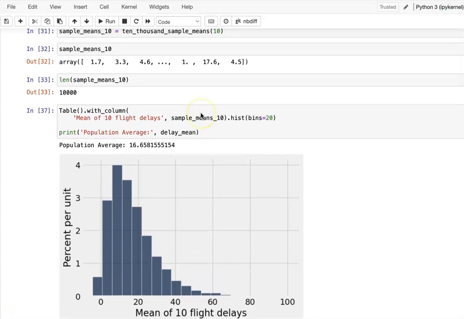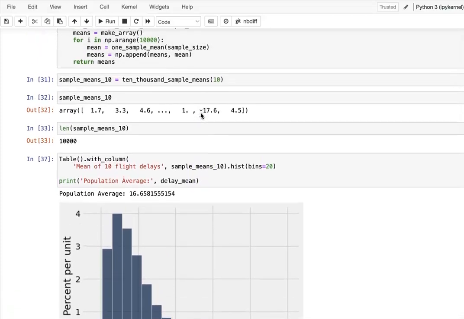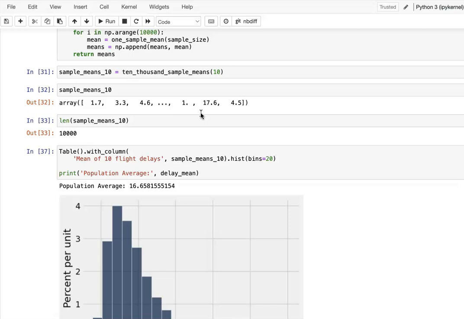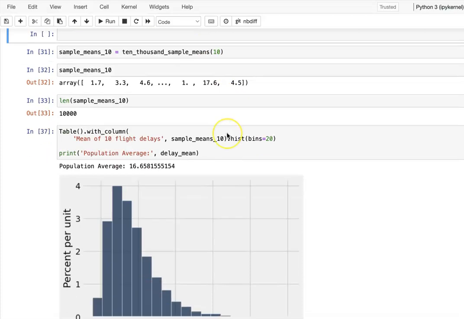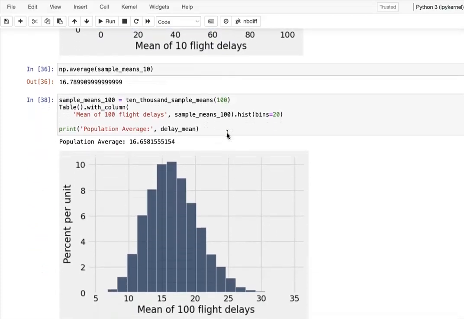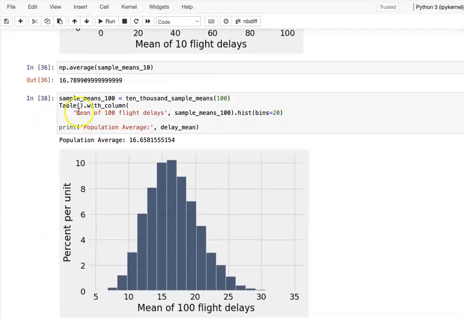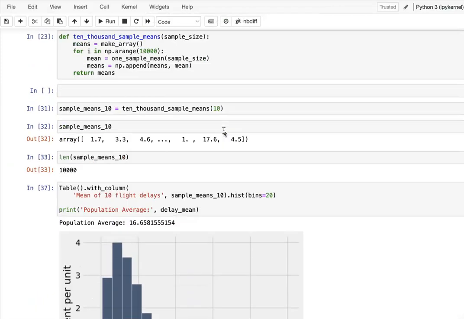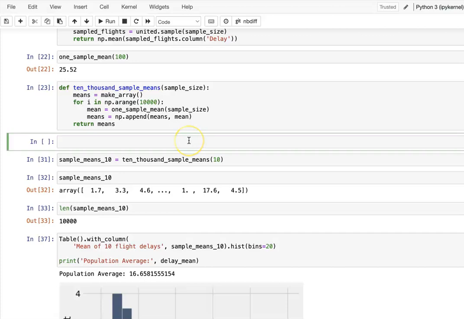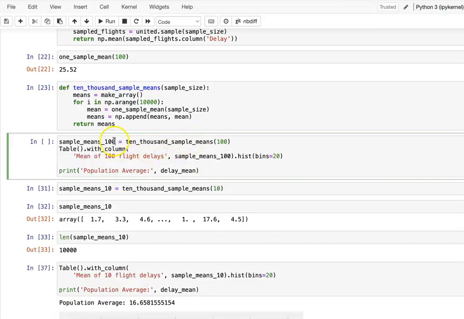But now, we have the sample size 10, so let's go smaller. One thing I want to show you is, here is 10, how about we change to 5? Okay, so here is sample size 5.